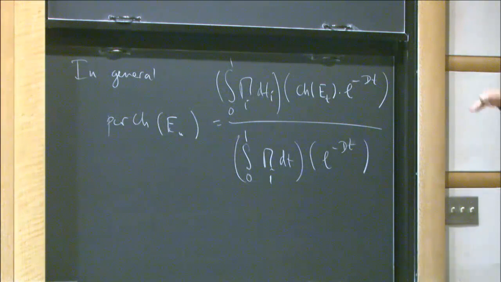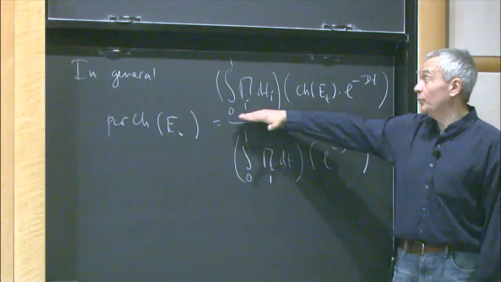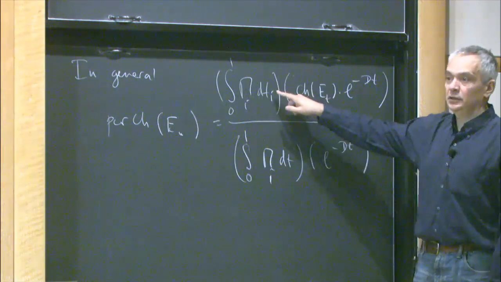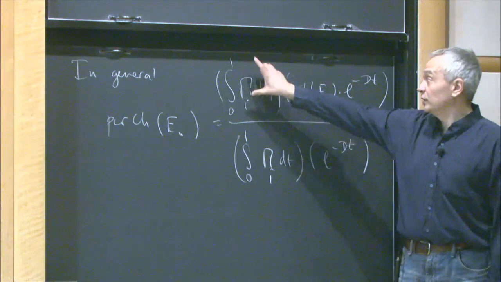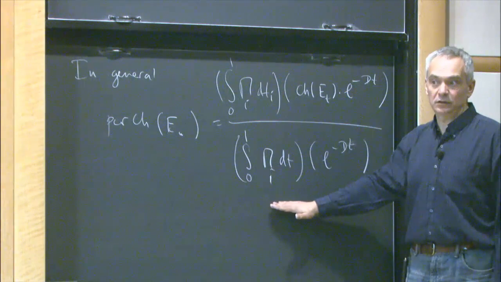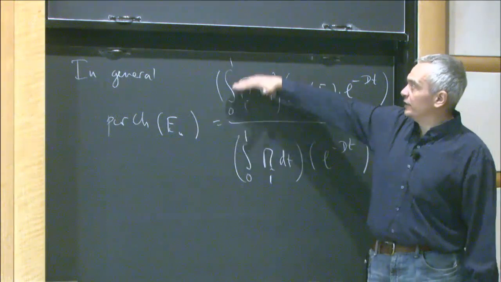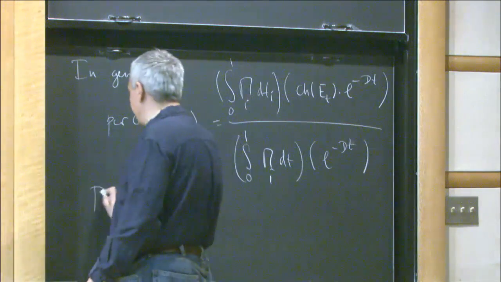This is with the usual disclaimer for dividing in a nilpotent ring, as we do with characteristic classes. In fact, if you stare at it for a moment, you'll notice that the top is periodic in t, so you can compute the top integral on any interval of length 1, whereas the bottom is not. So this is the Iyer-Simpson formula.